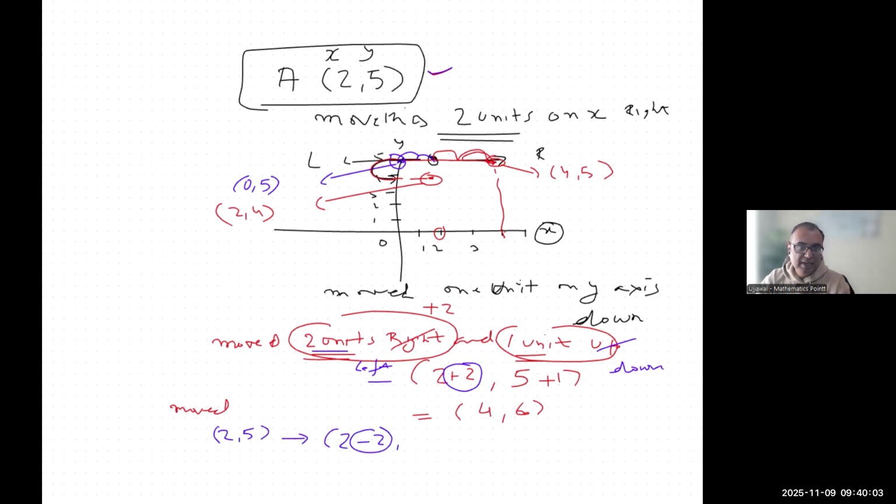Down is negative, up is positive. So 1 unit down would mean I am 5 take away 1. So I am at 0, comma 4. Cool. That makes sense. All right. Let's go to the next page. We certainly need one more lesson to knock this off.